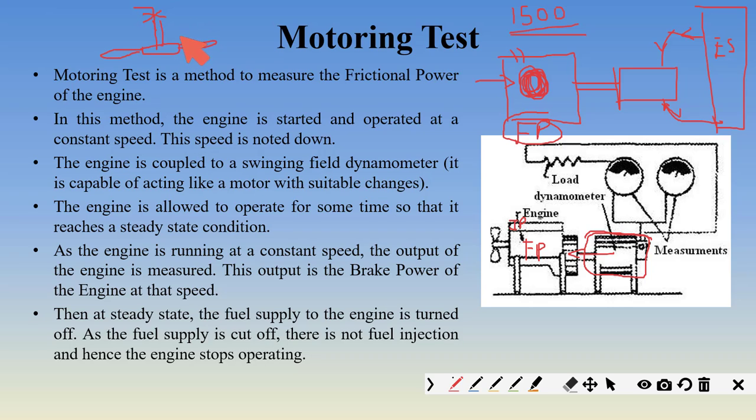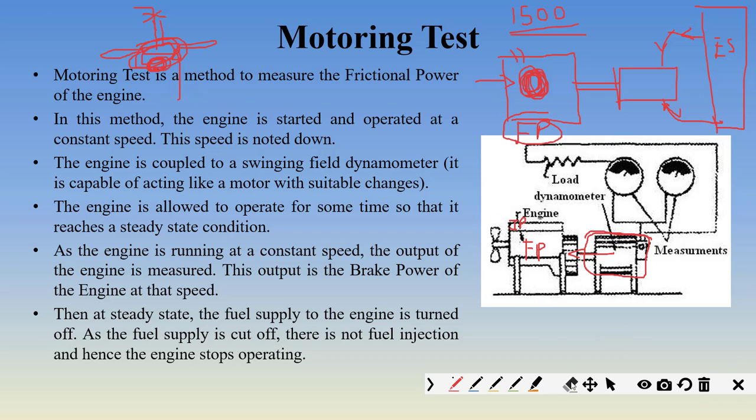Because of the frictional forces and the air resistance. So the power lost by the fan is because of the friction power. But if we want to keep rotating the fan at the same velocity with our hand, how much power should we give? That power should be equal to the frictional power of the fan.